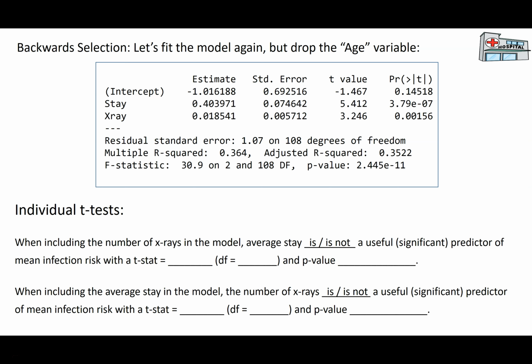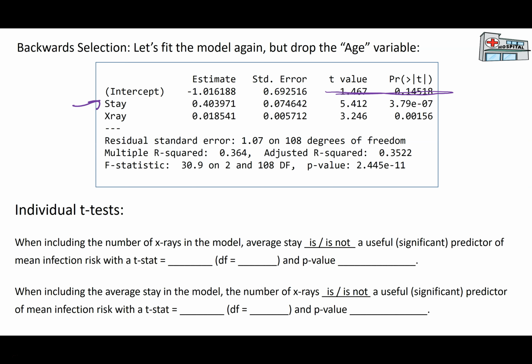Okay, as promised, now that we've decided at least one of the variables, average stay or number of x-rays, is useful in predicting the mean risk at a hospital, now we're going to figure out which ones are useful. Looking at the first, we generally won't test the y-intercept.